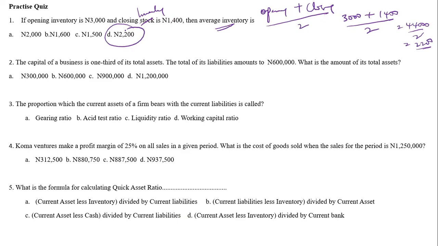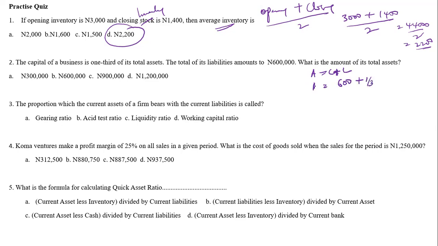Now let's look at a bit of mathematics. The capital of a business is 1/3 of its total asset. This will take us to what we did in module 1. I'm bringing it to ratio. We said asset is equal to capital plus liability. And here we're told that our total liability is 600, and that our capital is 1/3.